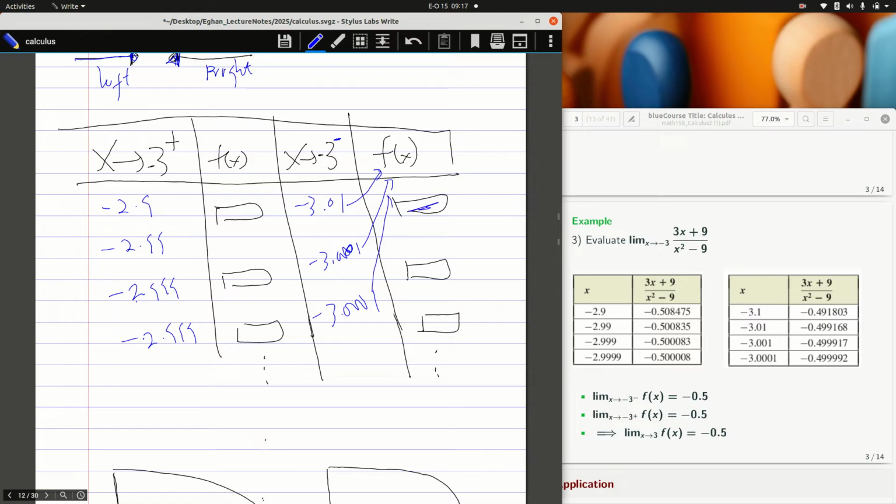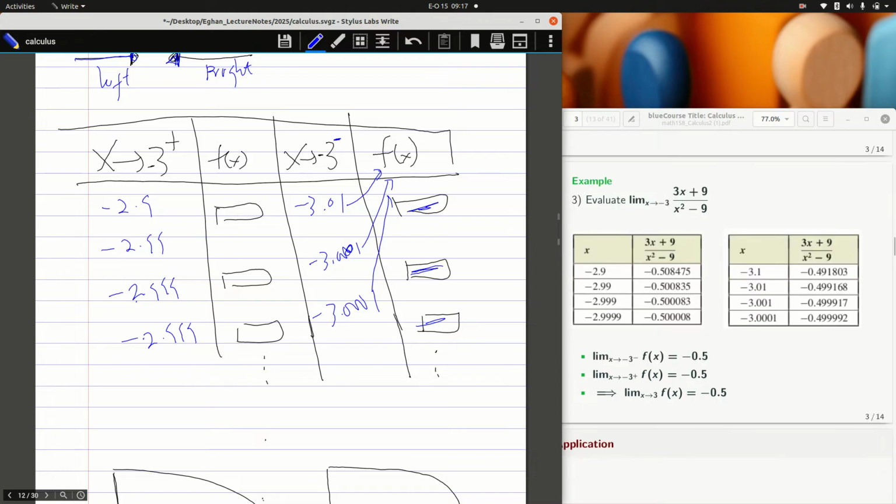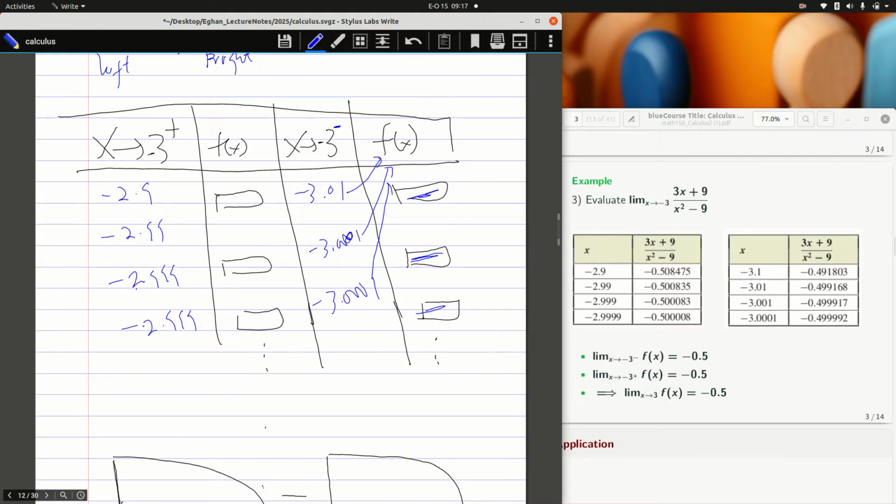If you look at my table on slide 3, you can tell that as we substitute these values and approach a higher number, we have negative 0.5008, and then negative 0.4999, which is approximately negative 0.5. This is also approximately negative 0.5.